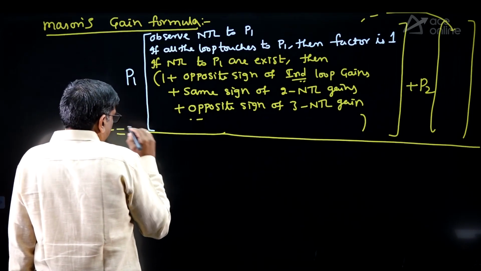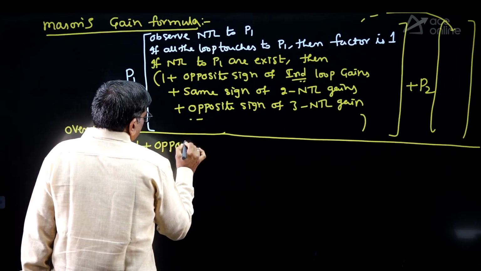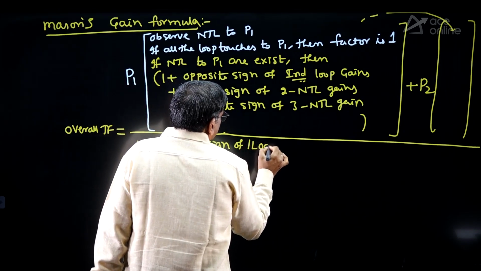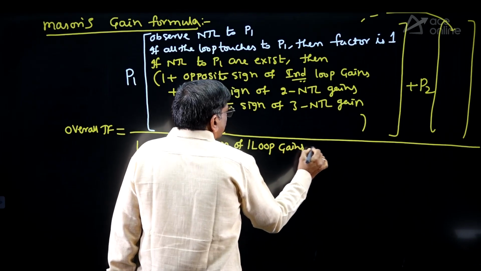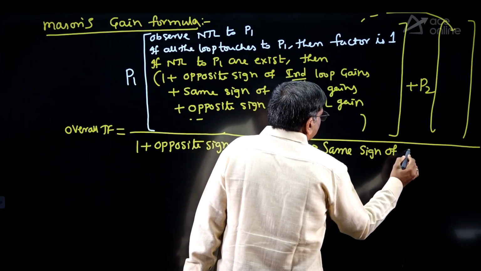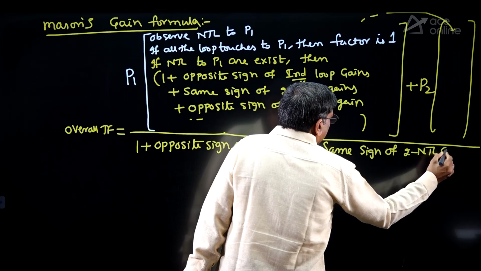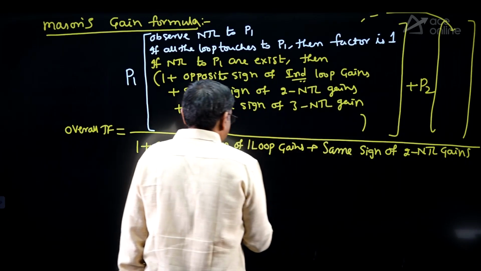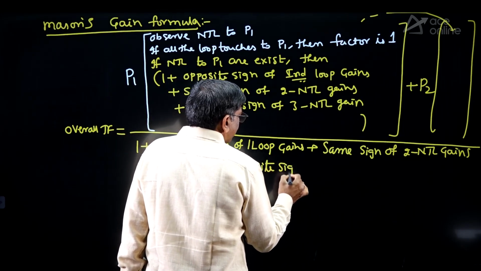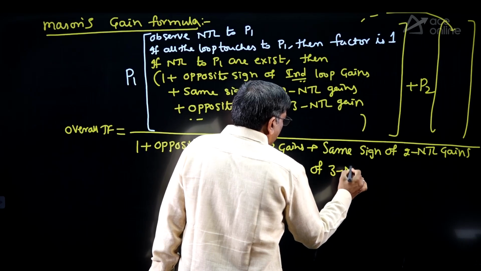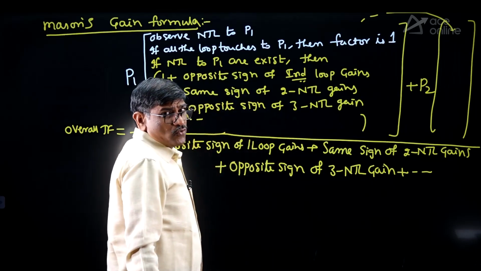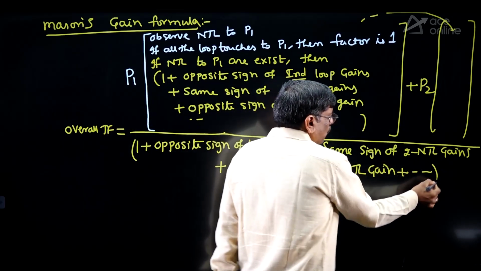So 1 plus opposite sign of individual loop gains, plus same sign of two non-touching loop gains, plus opposite sign of three non-touching loop gains, and so on. I hope you remembered. Yes or no?